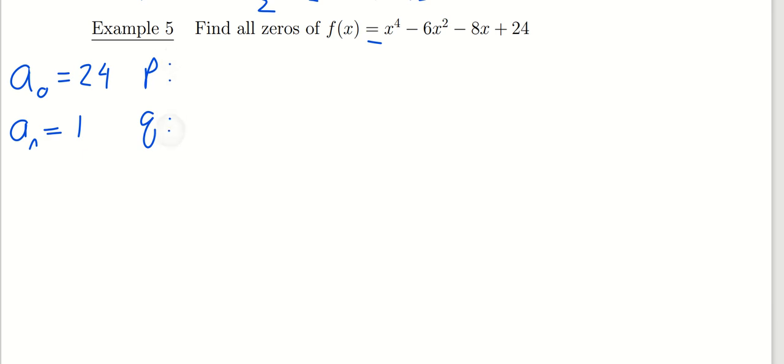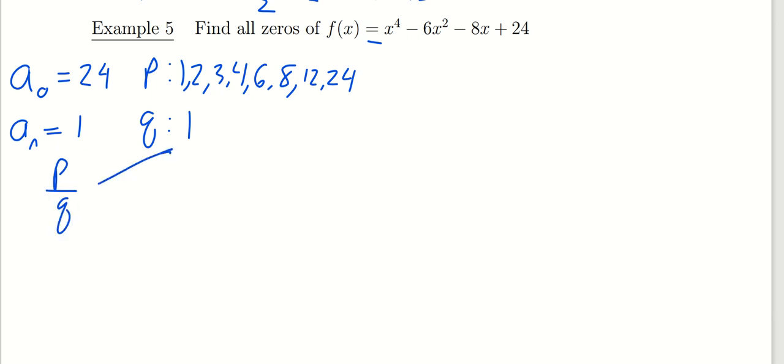The potential factors for 24 would be 1, 2, 3, 4, 6, 8, 12, and 24. And for Q, the only thing that divides 1 would be 1. Our list is going to be of the form P over Q. Here, everything's going to go over 1, so I can just write it out more simply.